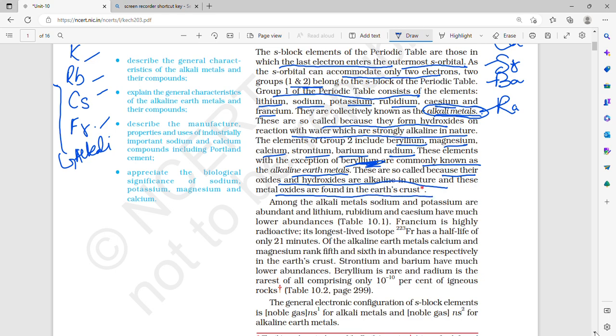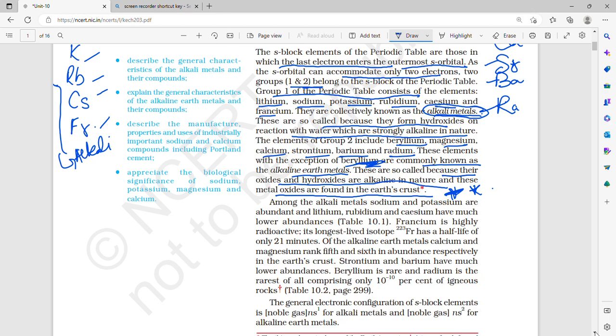So why alkali metals and why alkaline earth metals is an important point.